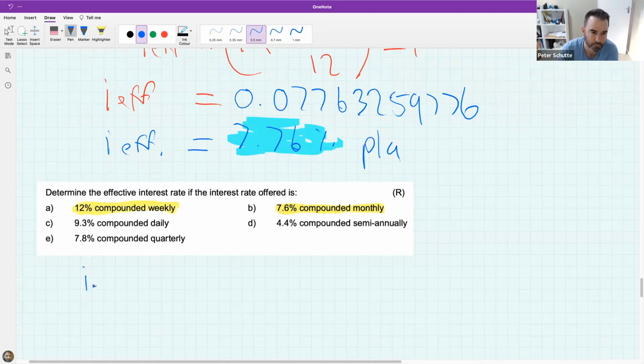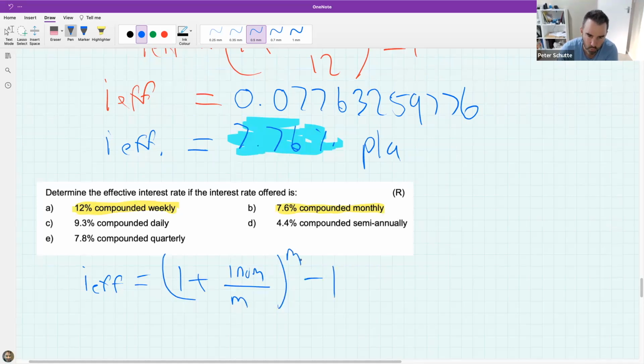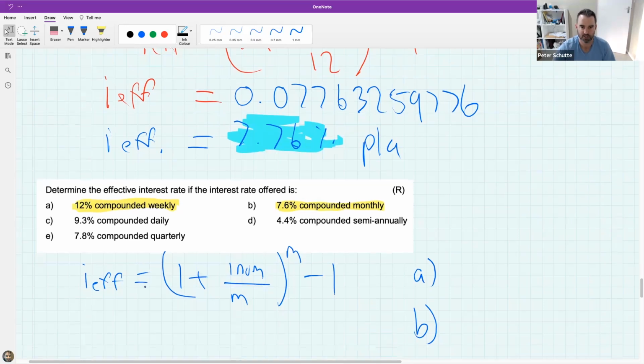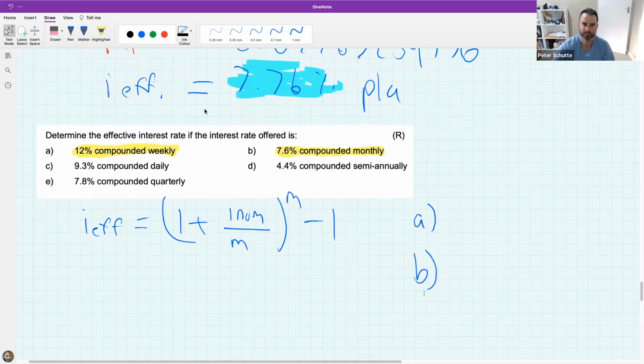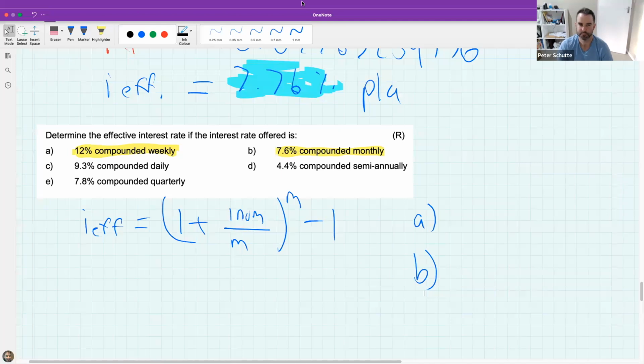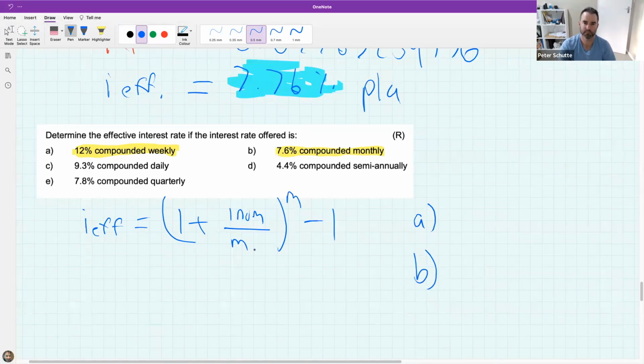And the formula that I will give you is this, where m is the number associated with the compounding interval. And you are going to do A and you are going to do B for me. And you're going to tell me what is the effective rate that you get. Let me do them in different colors.